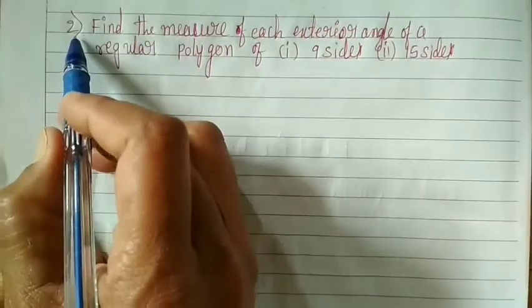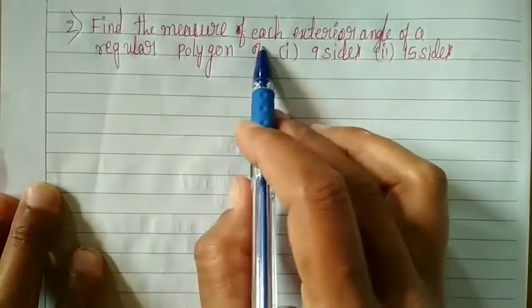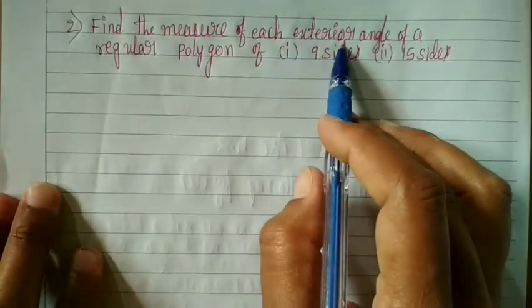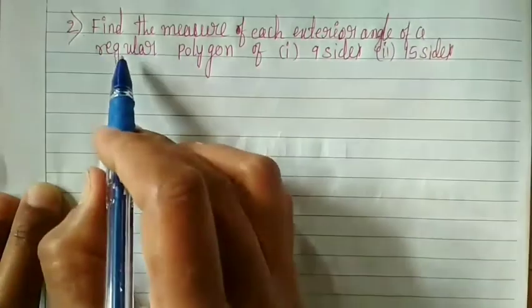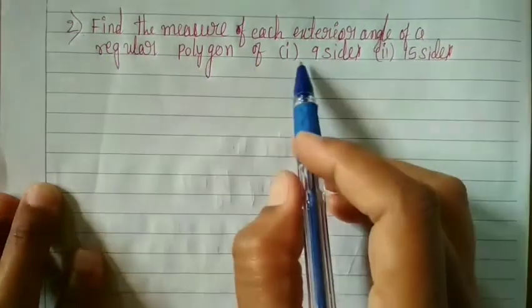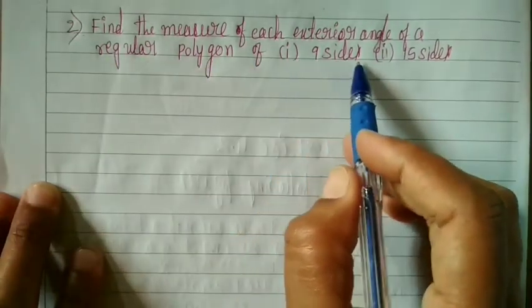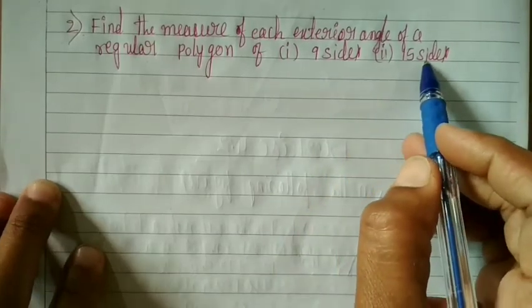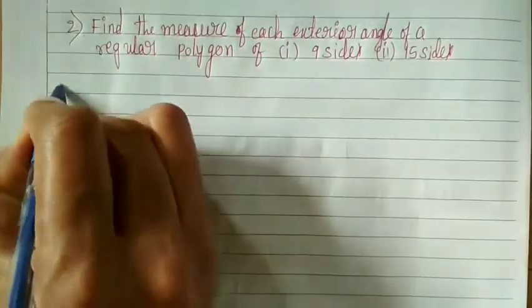Next problem. Find the measure of each exterior angle of a regular polygon: first one with 9 sides, second one with 15 sides. Solution.